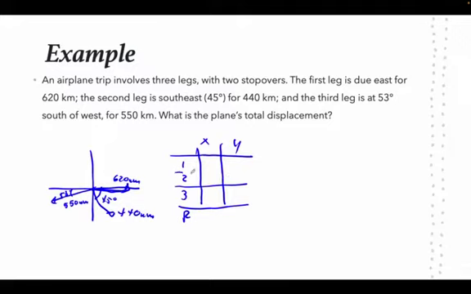I'm going to find the components of each vector and my resultant. So my first vector is all in x, 0 in y.